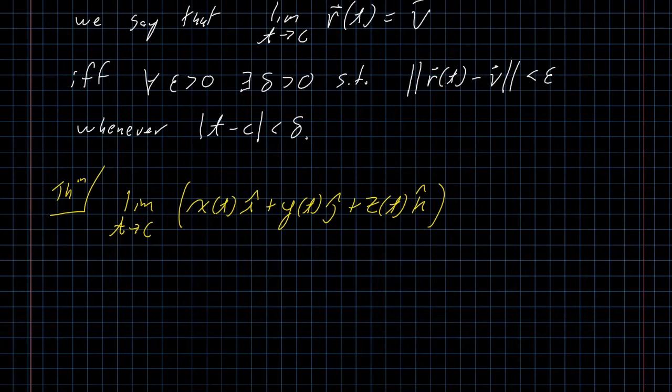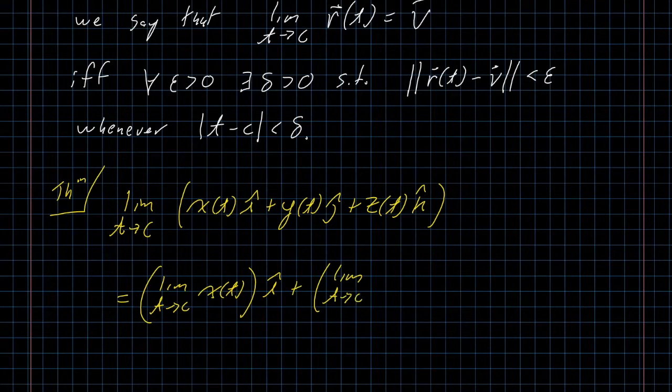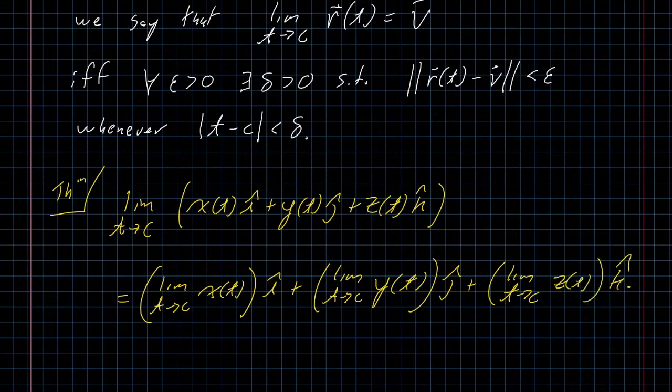Assuming that x, y, and z are all functions and the limits of all of those functions are defined at t equals c, then the limit as t approaches c of the vector valued function x of t i hat plus y of t j hat plus z of t k hat is equal to the limit as t approaches c of x of t i hat plus the limit as t approaches c of y of t j hat plus the limit as t approaches c of z of t k hat.